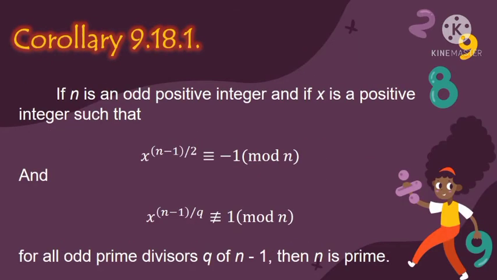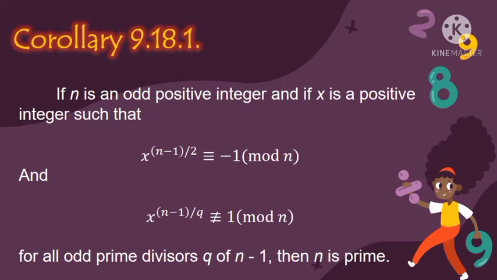guys. We have here the Corollary 9.18.1 to further support the theorem for the Lucas primality test. It states that if n is an odd positive integer and if x is a positive integer such that x raised to n minus 1 divided by q is congruent to negative 1 modulo n, and x raised to n minus 1 divided by q is not congruent to 1 modulo n for all odd prime divisors q of n minus 1, then n is prime.